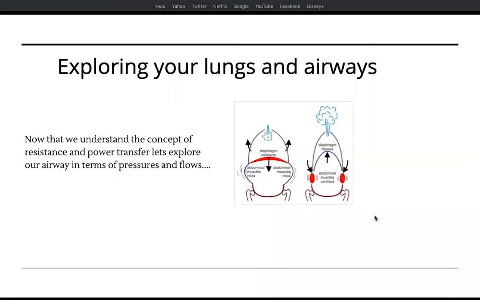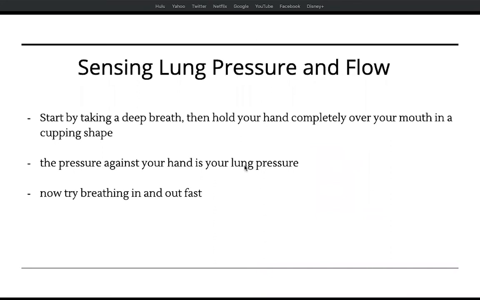Now that we understand the concept of resistance and power transfer, let's explore our airway in terms of pressures and flows. So, sensing lung pressure and flow. How do we do this? So start by taking a deep breath. I'm going to just go through this and then I'll show how to do it.